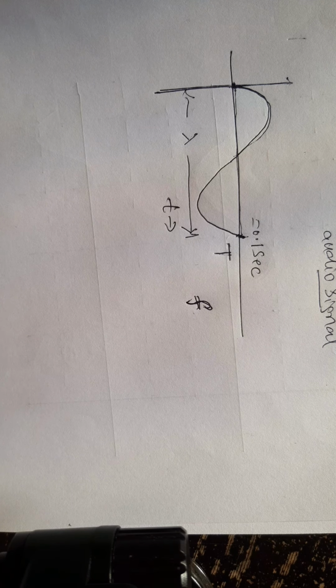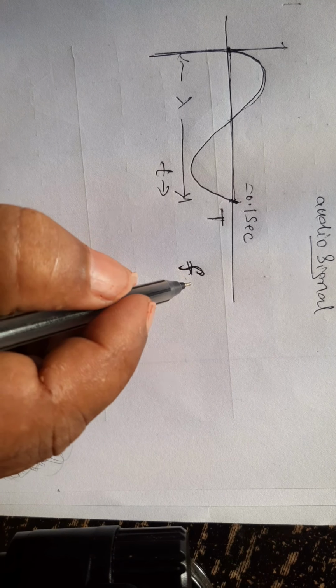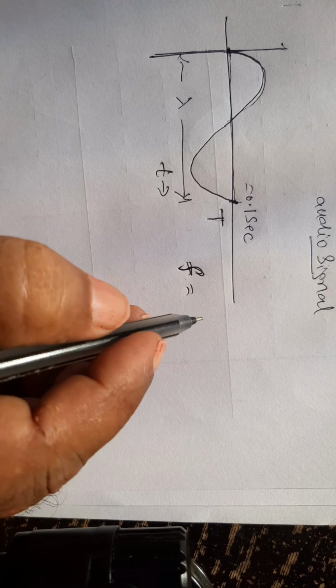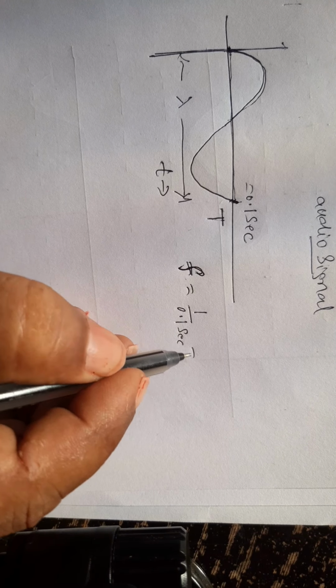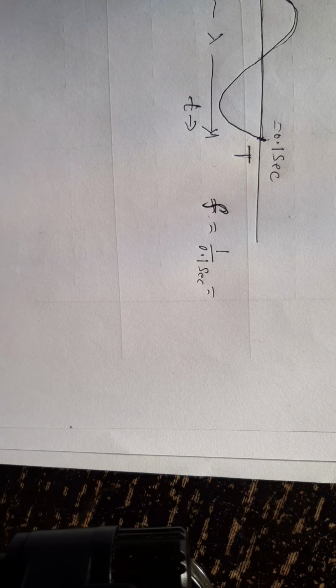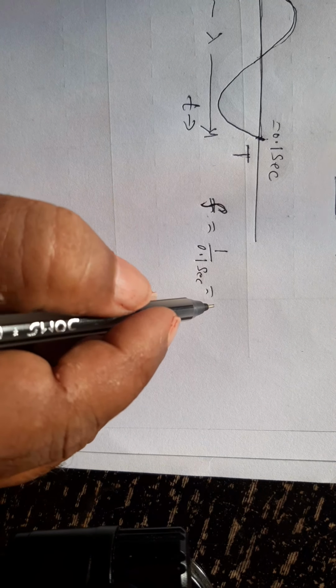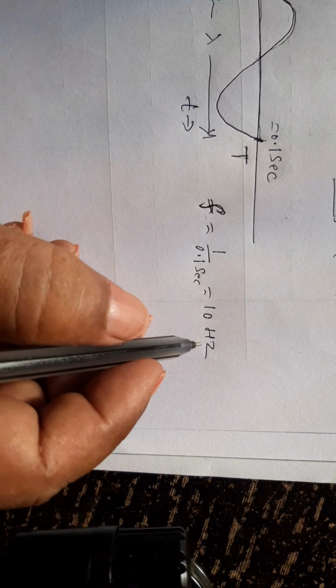Now I will write f as the number of waves in 1 second like this: 1 over 0.1 second. That 0.1 second is the period. So 1 over 0.1 second is 10. The unit of frequency is hertz.